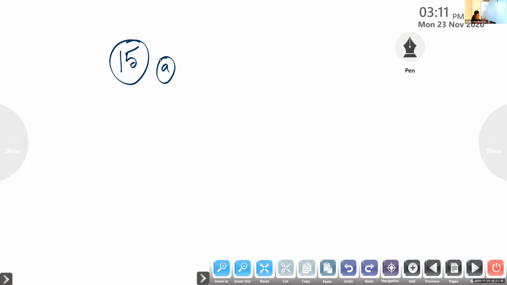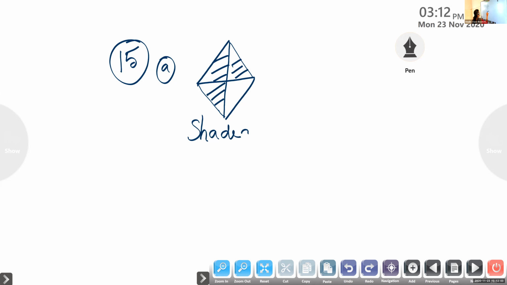I will help you to do question number A. All other problems you will do. Now here, how many parts are shaded? So fraction for shaded. Then fraction for unshaded.